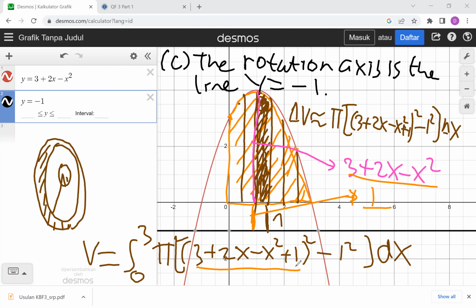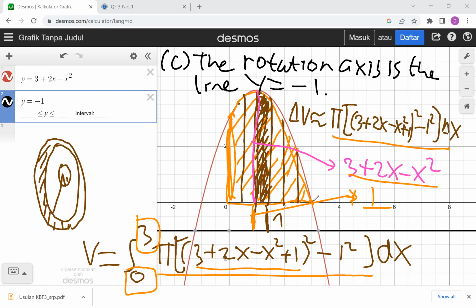Once you get delta V, you simply translate it as the integrand of the following integral. Of course, you have to consider the range of x: just take the smallest value of x and the largest value of x. All right, any question or comment?